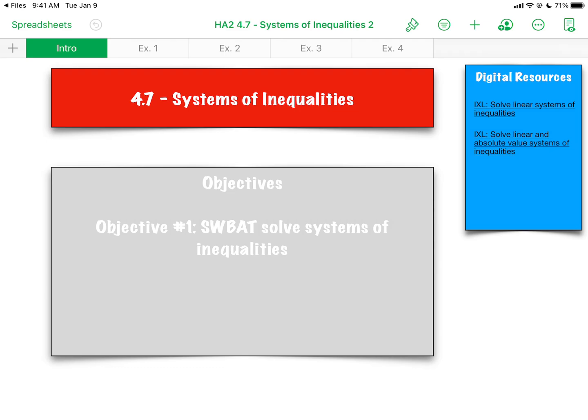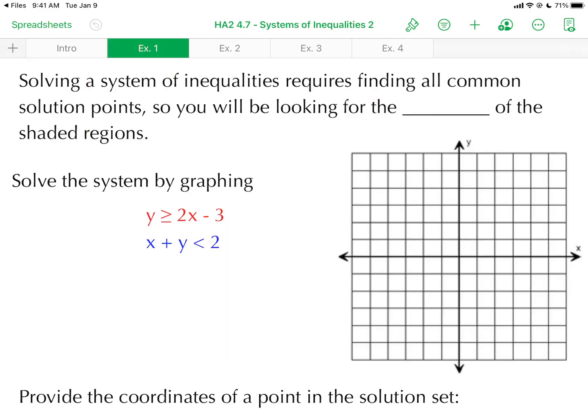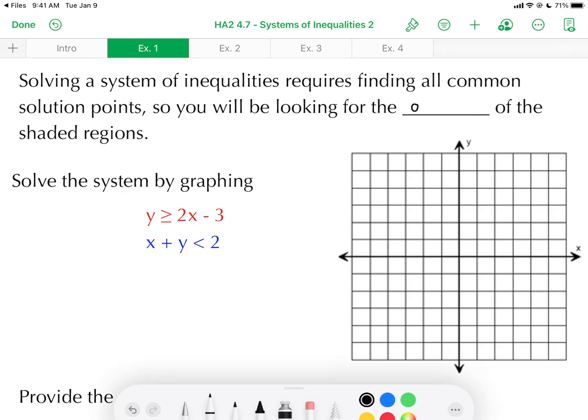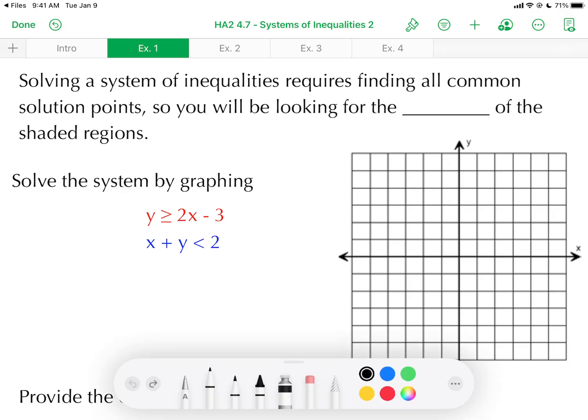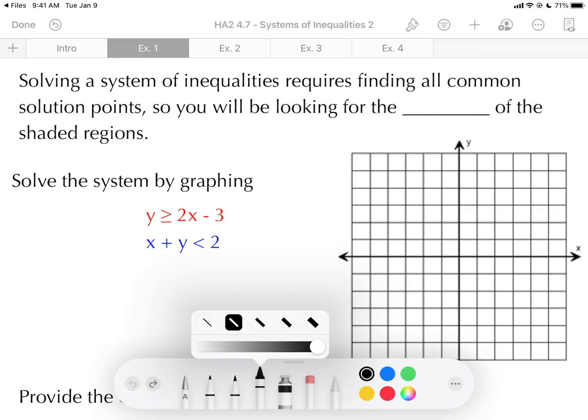So for a system of inequalities, now we're just bringing 2 of these together, and we're going to look for the common points that they share, which would be the overlap of their shaded region. Okay? All right, so I kind of already wrote that out here. Solving a system of inequalities requires finding all common solution points. So you will be looking for the overlap of the shaded regions.